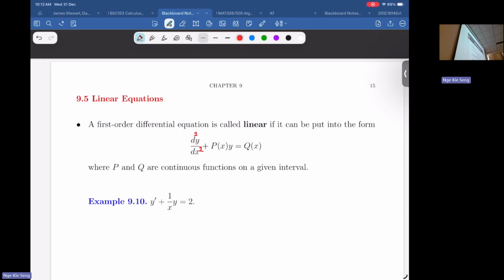Again, it's called linear if it can be put into the form dy over dx plus p(x)y equals q(x). The linear part refers to this y to the power 1.